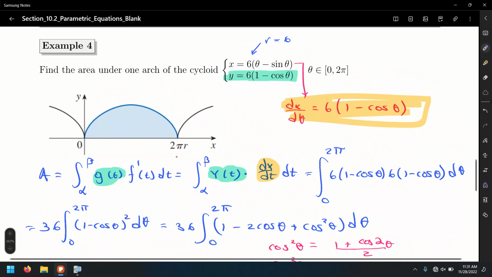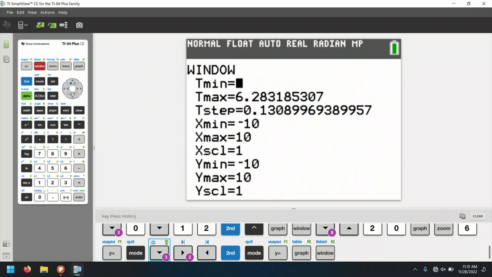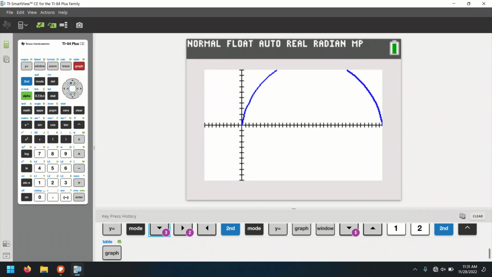R equals 6, 2 pi times 6, that's 12 pi. So we want to make sure that we have a window big enough so we can see the whole graph. Let me go to the window, and it's the x direction that needs some attention. I'm going to type 12 pi and graph. At least we're able to see the first cycle.